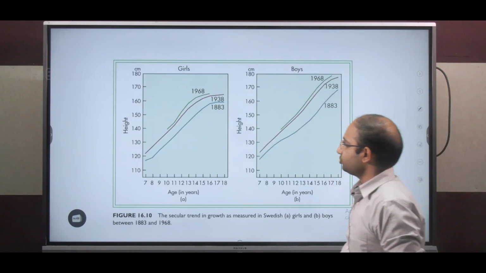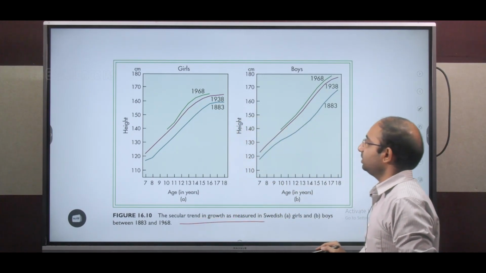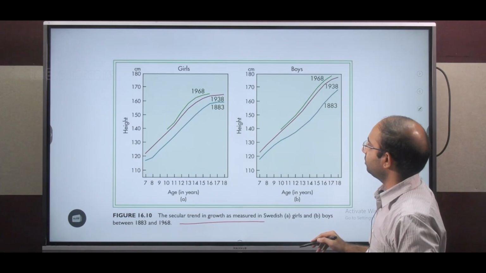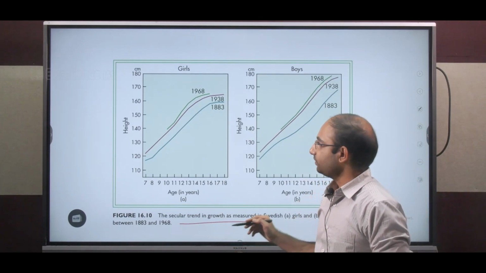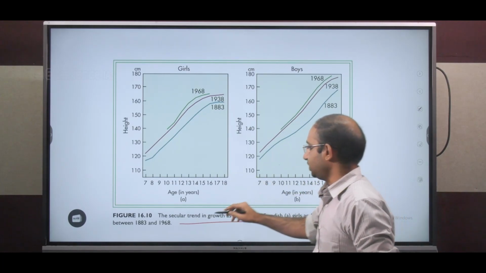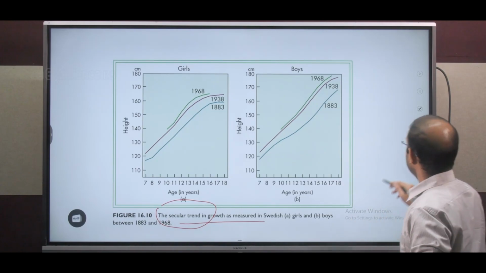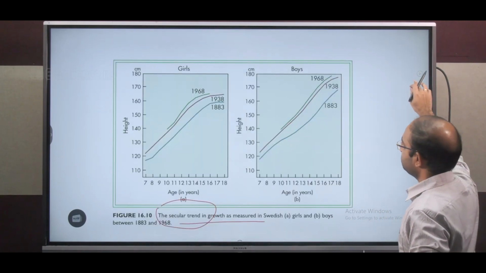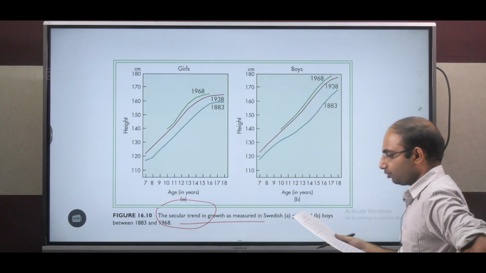You can also discuss another concept called the secular trend in growth, which shows that year after year, the overall height of individuals, both girls and boys, is increasing. This is called secular trend in growth and development. Discuss them and then you can briefly touch upon growth factors.